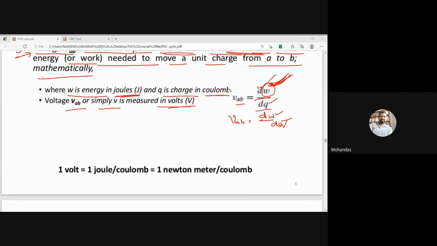Anyone from the class? 2105, Mehra, please respond. Can you define voltage? Just now we have discussed.